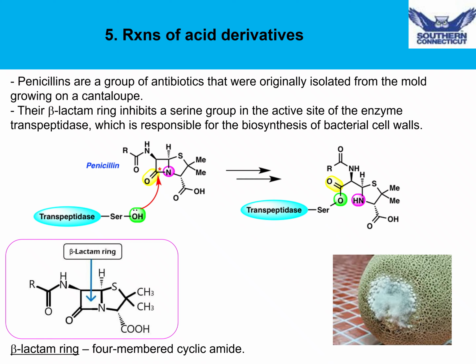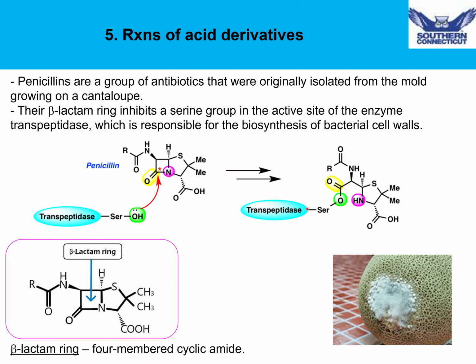Beta-lactam antibiotics work by inhibiting an enzyme called transpeptidase, which has a serine group with a hydroxyl group attached in the active site of this enzyme. Now, the enzyme is responsible for the synthesis of bacteria cell walls, and that serine group will generally react with the carbonyl of the beta-lactam and connect to it through an ester bond, and therefore the enzyme is inhibited.